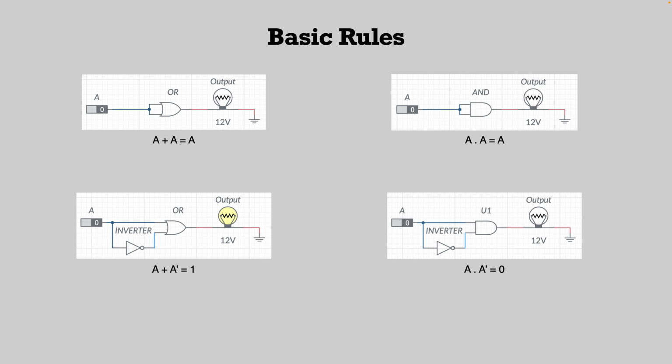And the same way, reversed, if A was 1 and A inverted was 0, the output is 1. So you're ORing the normal variable with its inverted form, so it's always going to be 1. And if you were to do the same thing with an AND gate, it'd always be 0, because you're always going to have 1 and 0, or 0 and 1, and that's not going to work for your AND gate. So you get a 0 in that case.